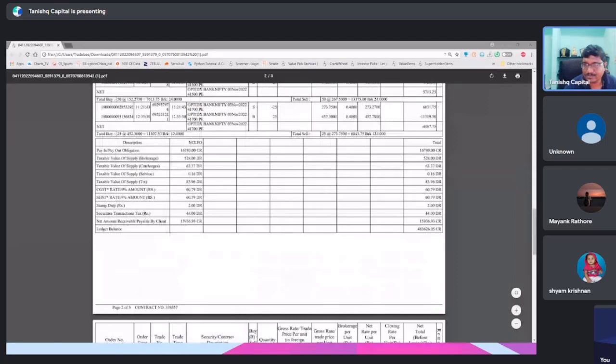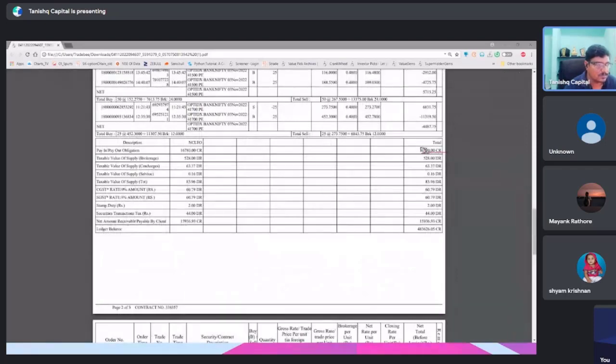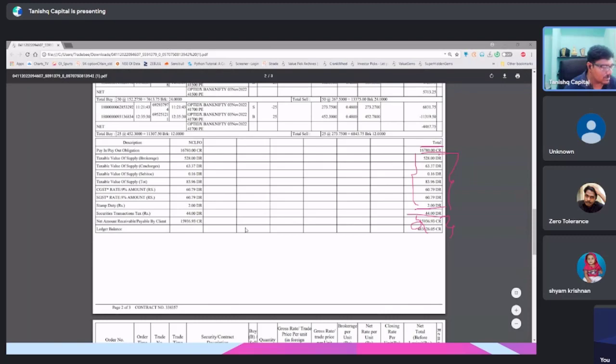After all the costs, whatever the taxes, brokerage, STT, this is the net. Only on the net are you going to share 30%. So that is what I'm trying to share.